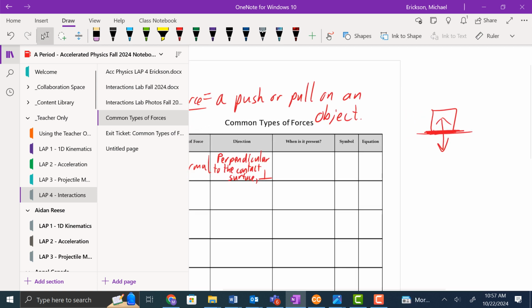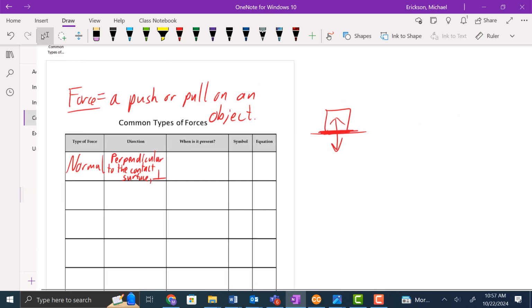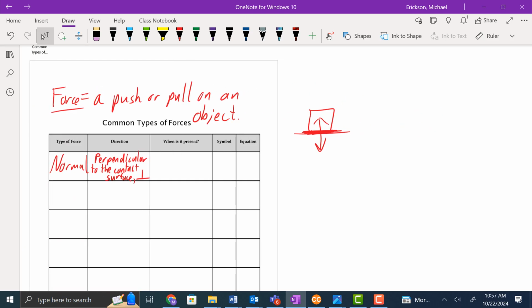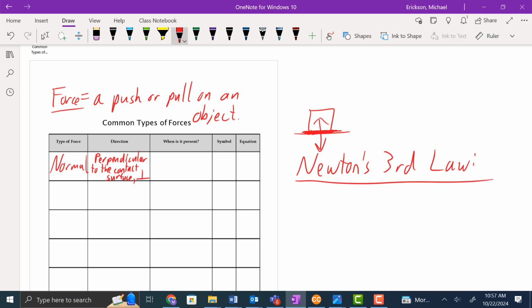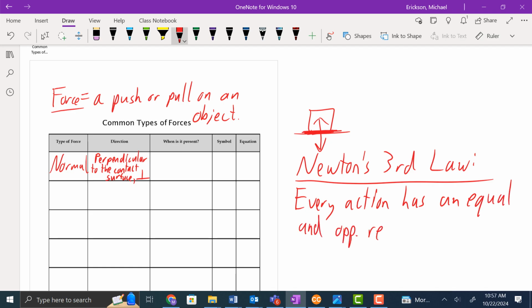And I'm going to take this time to explain a very important law. Newton came up with three laws, Newton's laws of motion. And Newton's third law, you might be thinking, why are we starting with the third law? Trust me, it's better to start this way. Every action has an equal and opposite reaction.